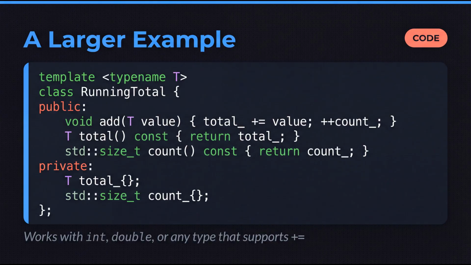This works with int, double, or any type that supports plus equals. RunningTotal of int tracks integer sums. RunningTotal of double tracks decimal sums. The data layout and operations depend on the type parameter, but the behavior, add, accumulate, count, stays the same. That's the essence of generic programming.